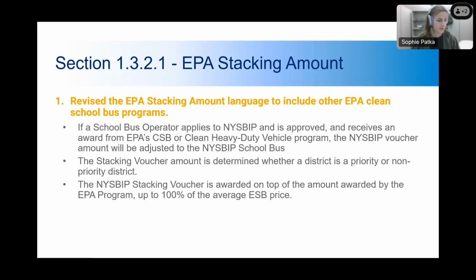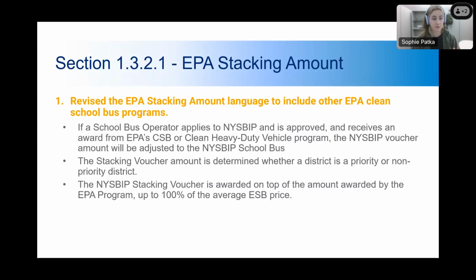Great. Our next section here clarifies some details on Environmental Protection Agency program stacking with our NYSBIP programs. So we revised our EPA stacking amount language to include other EPA clean school bus programs that are available. So if a school bus operator applies to NYSBIP and is approved and receives an award from either or both EPA's Clean School Bus or Clean Heavy Duty Vehicle program, the NYSBIP voucher amount will be adjusted.